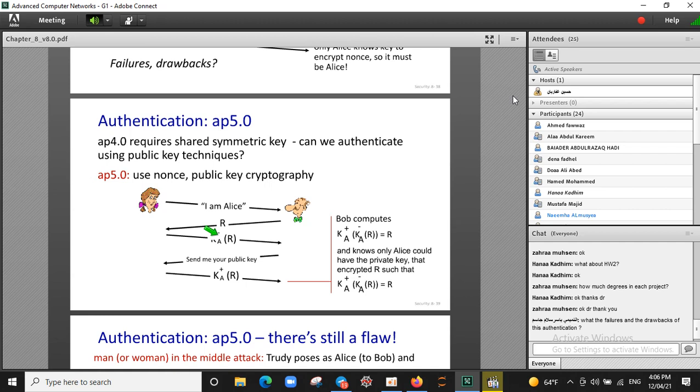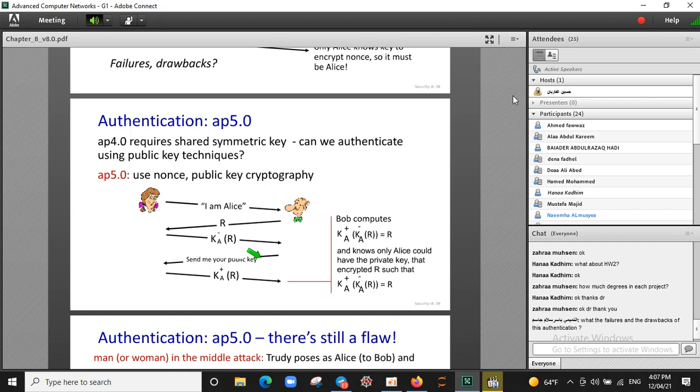Pay attention, this encrypted message is prepared using the private key of Alice. Look at this minus sign. It means that this key is the private key of Alice.